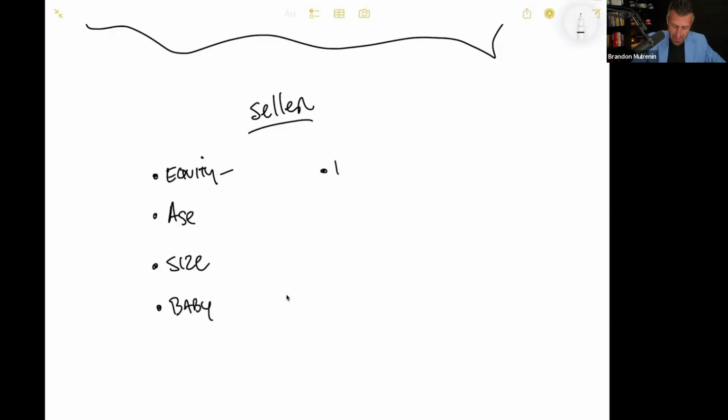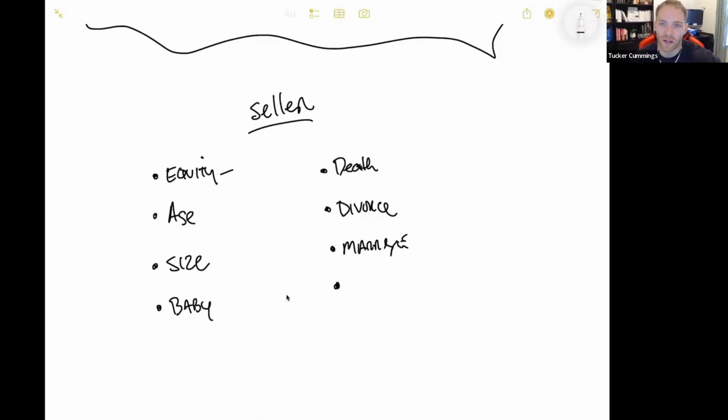Maybe it's a death. Maybe it's a divorce. Maybe it's marriage. Right? Give me some more. What else can you think of, like life events and why people would want to actually make a move? They got a job change. There you go. They lost a job. They have too much debt now and they can't cover that.